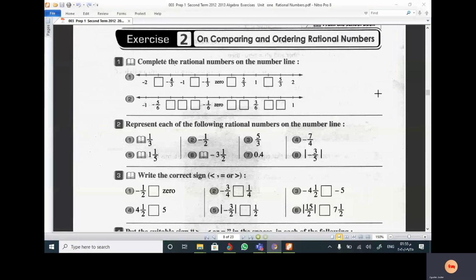Number 2, represent each of the following rational numbers on the number line.